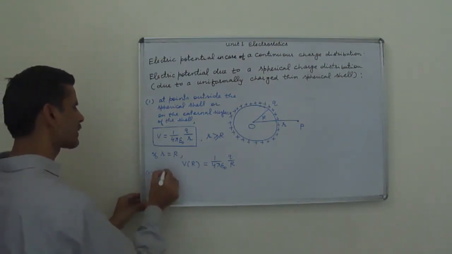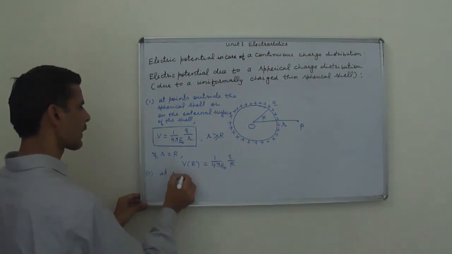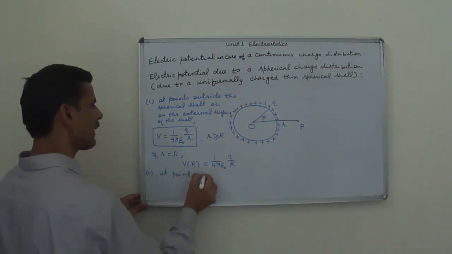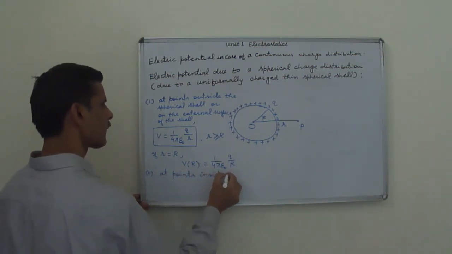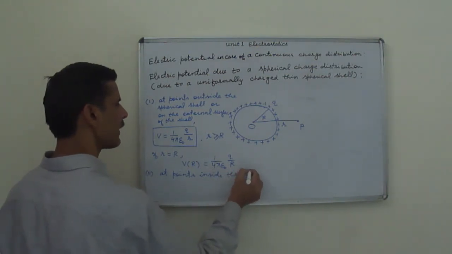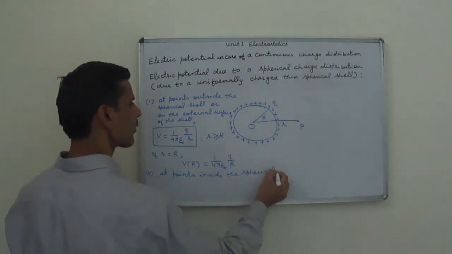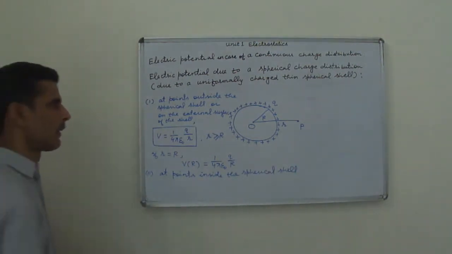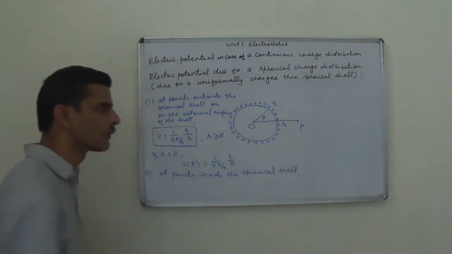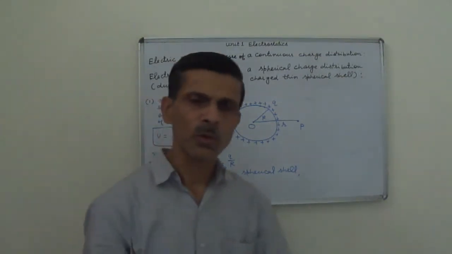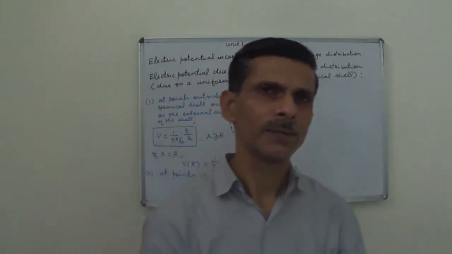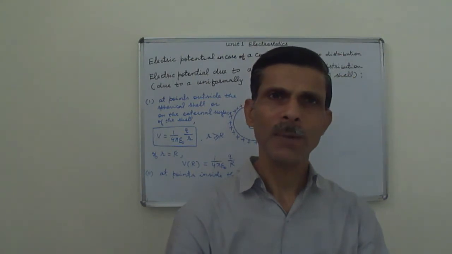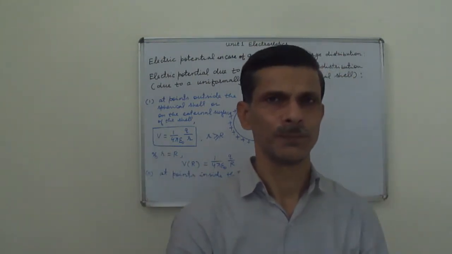Number 2, at points inside the spherical shell. You know, inside spherical shell, electric field at each point is 0.